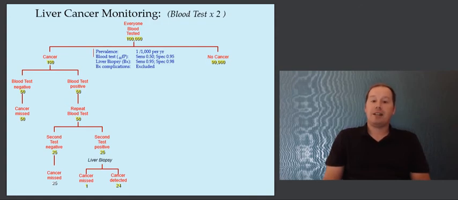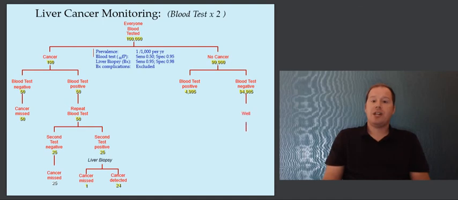What about for the non-cancer population of 99,900 here over on the right side of our decision tree? In this population, we see that if we do a blood test, with a specificity of 0.95, 4,995 of this population will be testing positive for cancer even though they don't have it. That's because there's an error rate of 0.05 when it comes to this sort of screening.